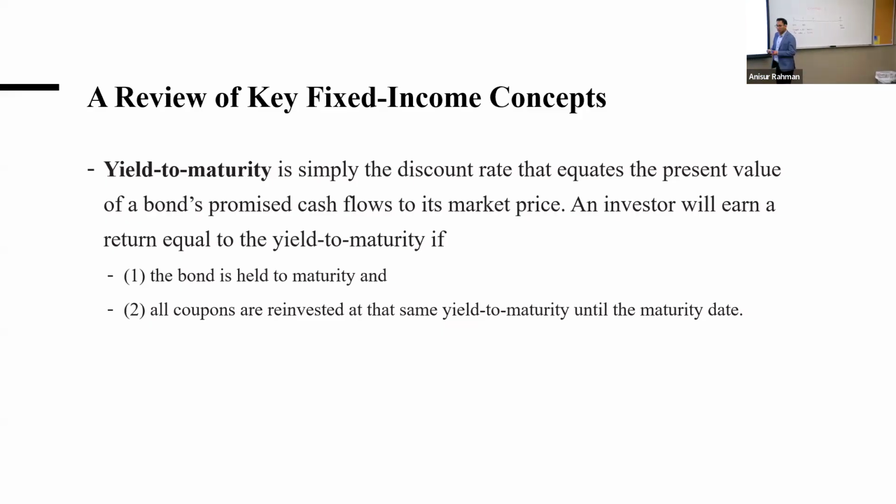Okay. Now, right after you bought the bond, market interest rate may change, right? If the interest rate decreases, so when you bought, it is 5%. When interest rate decreases, then you reinvest, right? Because you have these coupon payments every year.